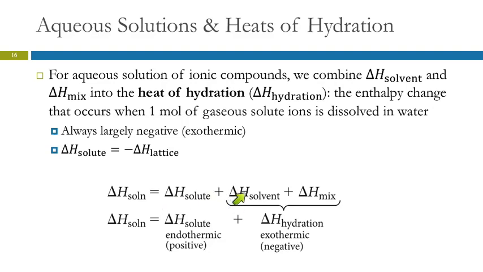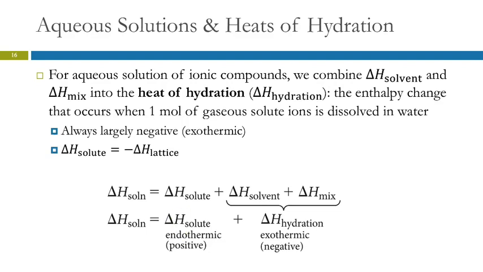So what we do is we combine the heat of this solvent being separated with the heat of mixing, and we call this the heat of hydration. That's always going to be a negative number. So that's negative, exothermic. This is the energy required to separate the solute particles.